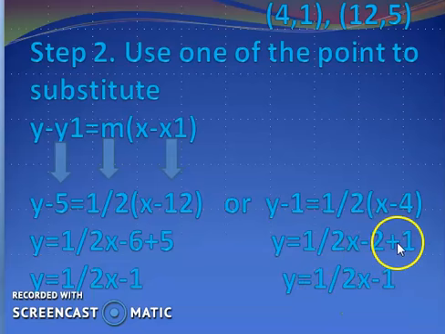Then -2 plus 1 will give us -1. So your final answer will be y equals 1/2 x minus 1. That's your slope-intercept form. So remember, you can use either of these two points. It will still give you the same answer. Alright, that's it for today, and thank you for watching.